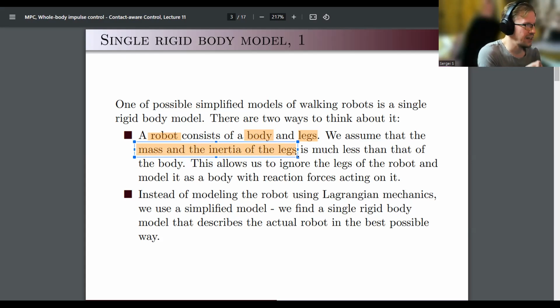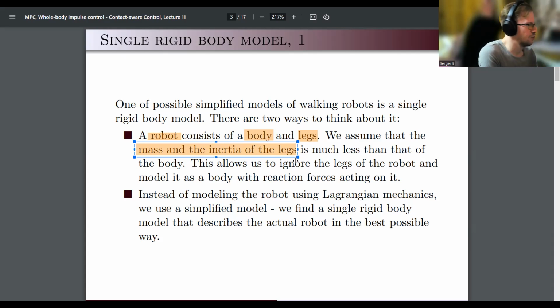If your legs are tiny, especially if your motors are physically located in the body rather than in the legs, if your batteries are in the body, if your hydraulics are located in the body, etc., etc. And the legs are only structural elements to convert ground reaction forces into forces acting on the body, well, then it somehow makes sense to imagine a robot just being this massive body and with legs whose inertia can be ignored.